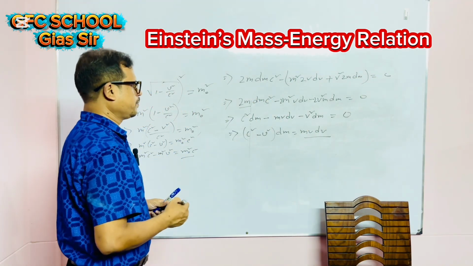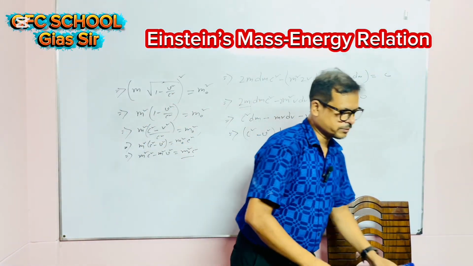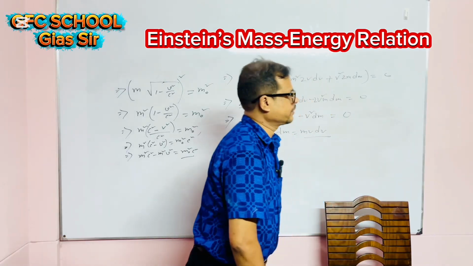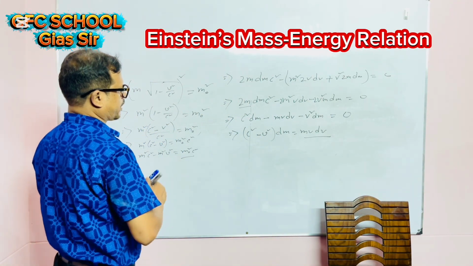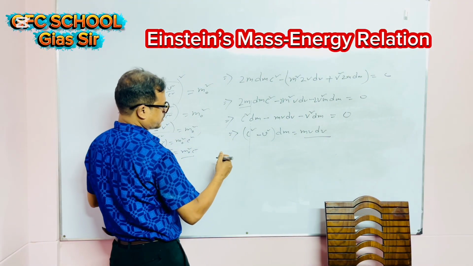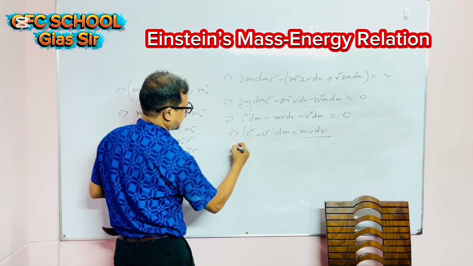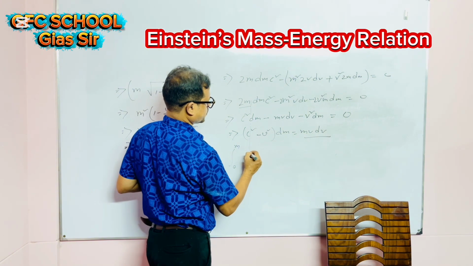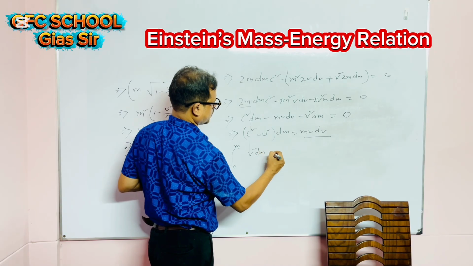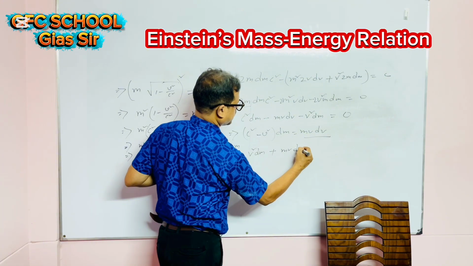This m v dv we can put, actually where is that line? Okay, that line was m v dv. Our earlier line was actually in the second portion, that was m naught c squared minus v squared dm plus m v dv.